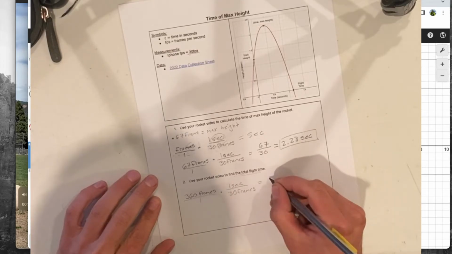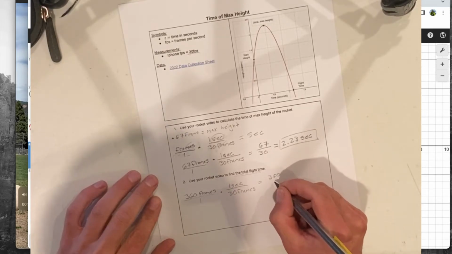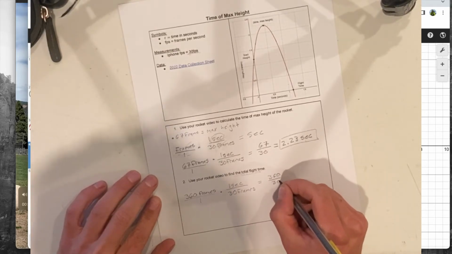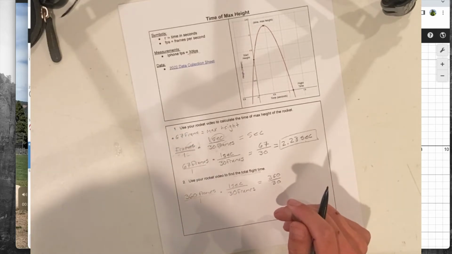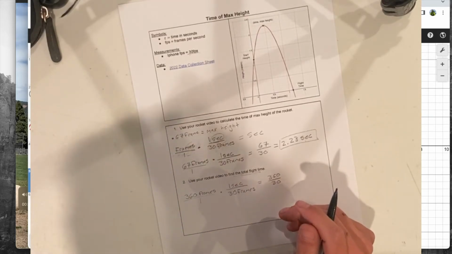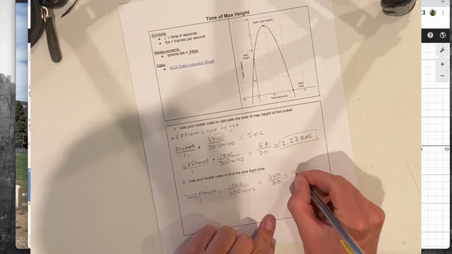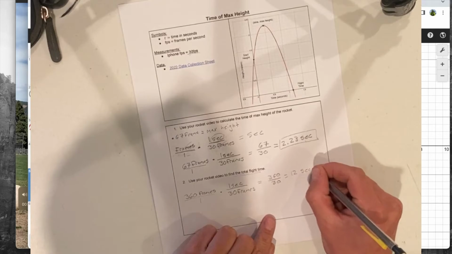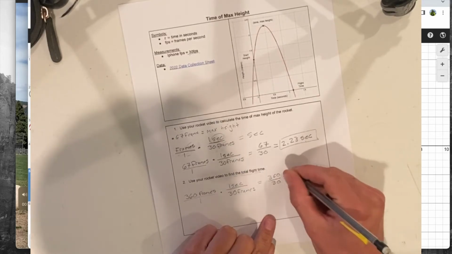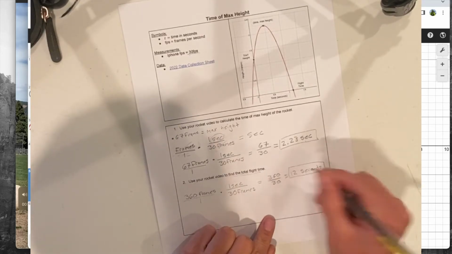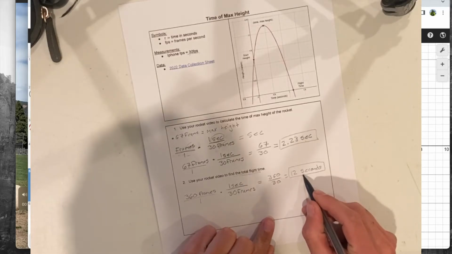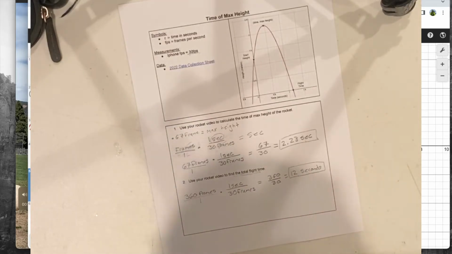That's the same as 360 divided by 30, and that is 12 seconds. And that is my total flight time for my rocket, 12 seconds, and that includes the parachute.